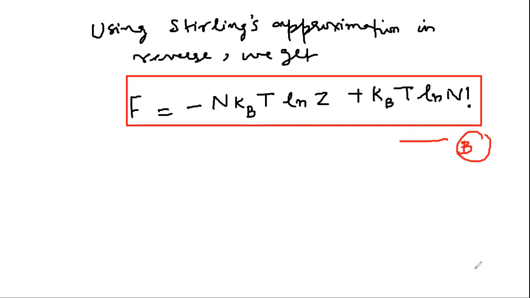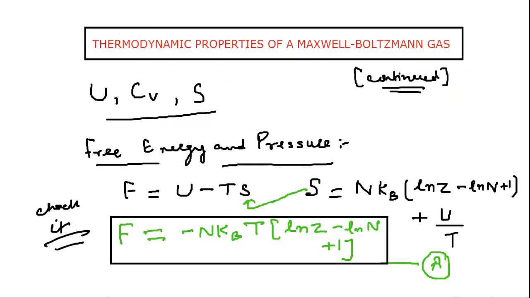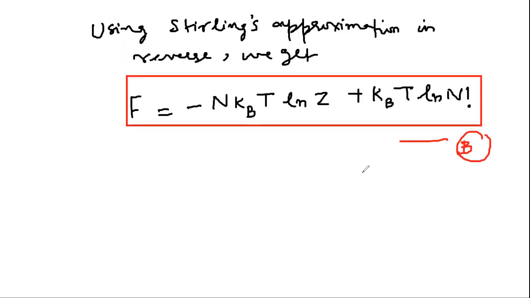So if you apply Stirling's approximation in B, you will get A, right? So this is the expression for the free energy of a Maxwell Boltzmann gas or an ideal gas.